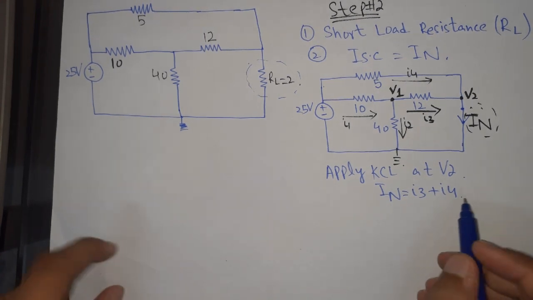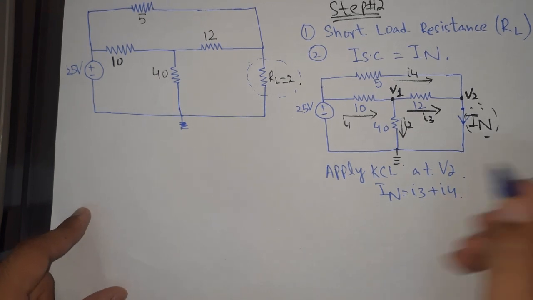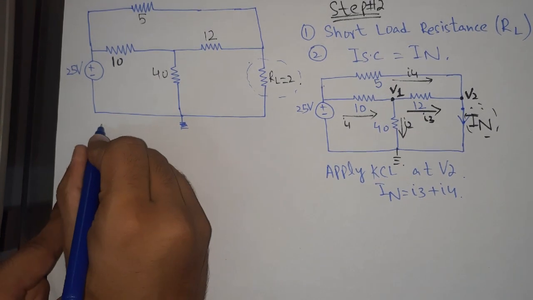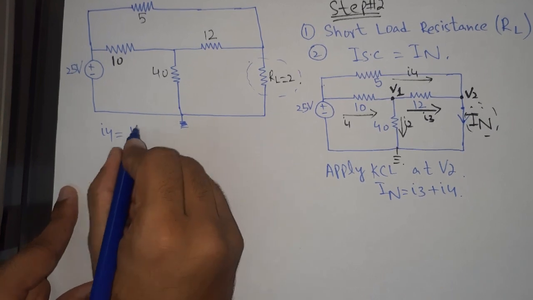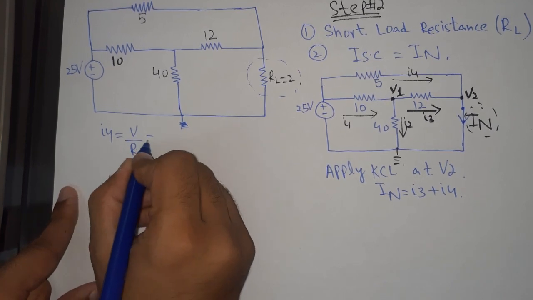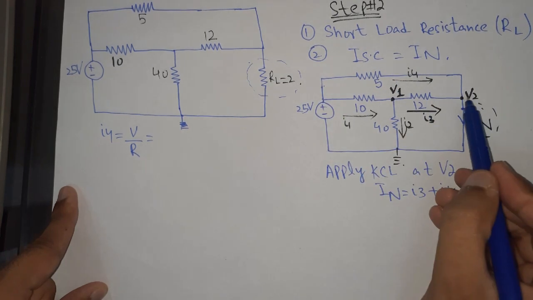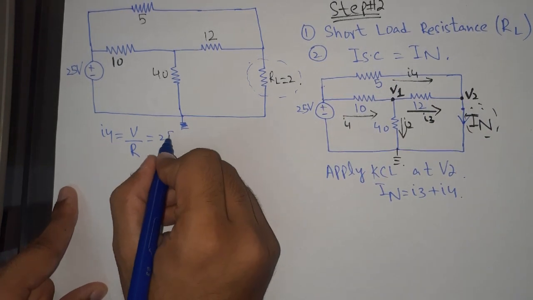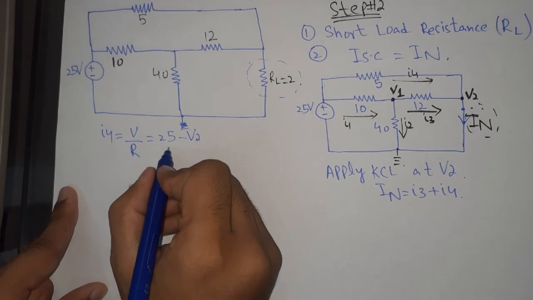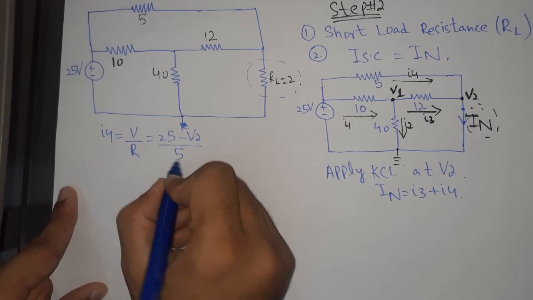Firstly, I will find the value of I4, which is V divided by R. Here the voltage is 25 minus V2 divided by 5.